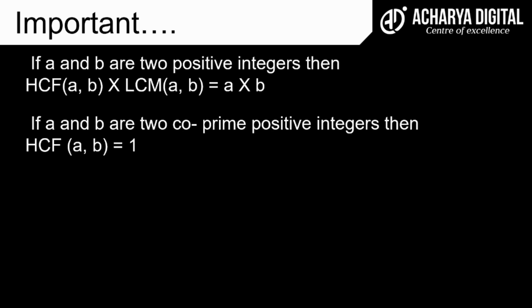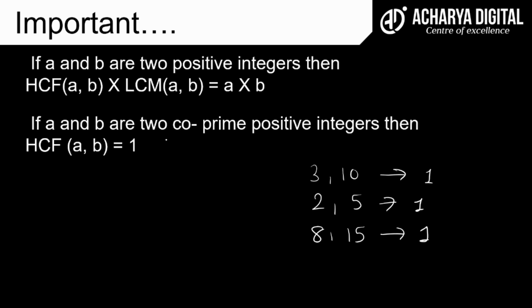For example, if I take two numbers, out of that, one is prime, other is composite, like 3, 10. So if you find out HCF for them, it is 1. Nothing is common except 1. If I take two primes, 2 and 5, again HCF is 1. For two composite numbers like 8 and 15, HCF is 1.